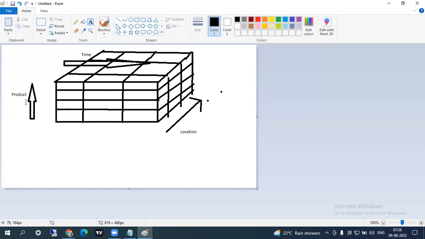It's like the highest level of summarization of your business. If you store the data in a multi-dimensional way, we call it a cube.